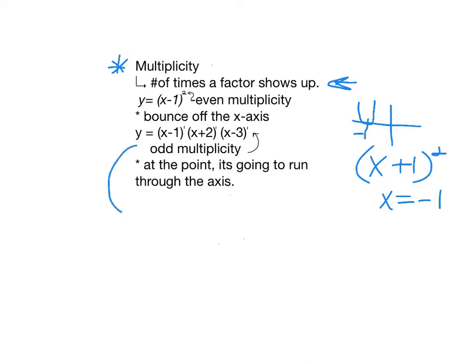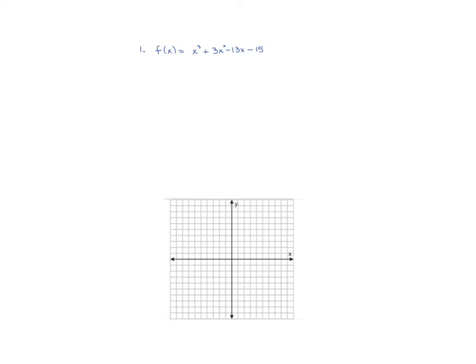However, when it's an odd multiplicity, it's going to run through the axis. So we'll see this later on in some examples when we have a factor appear more than one time.